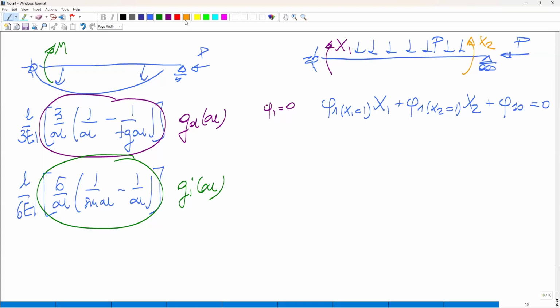And the same for phi2: a component due to X1, plus a component due to X2, plus a component due to the external loads.